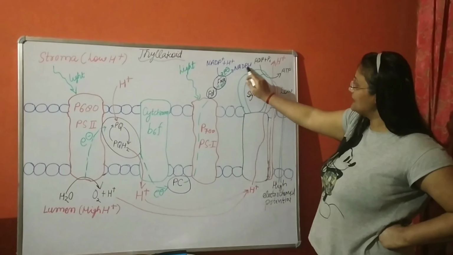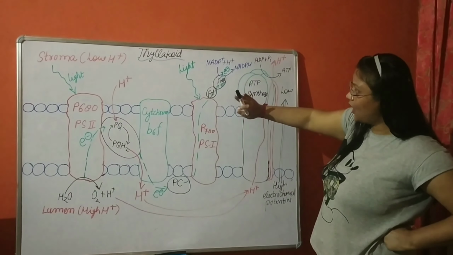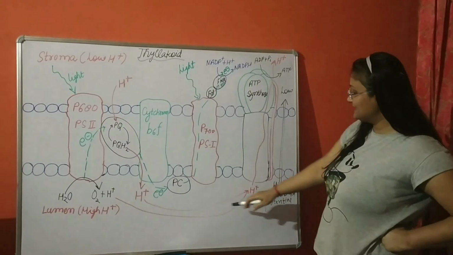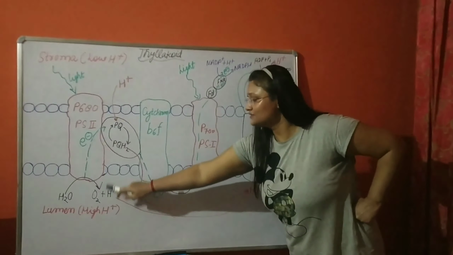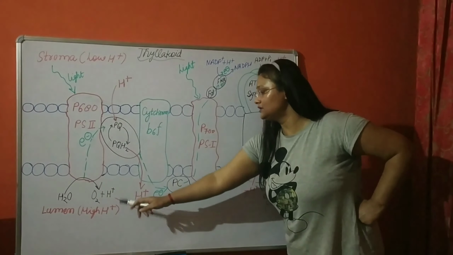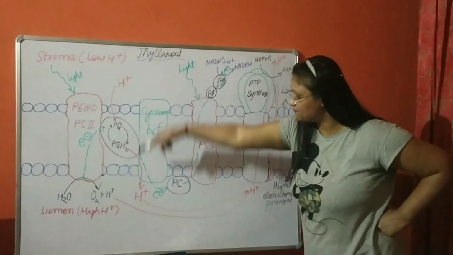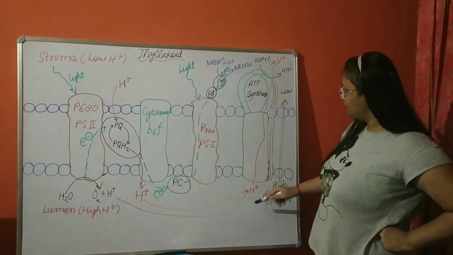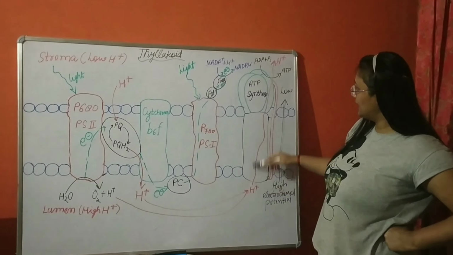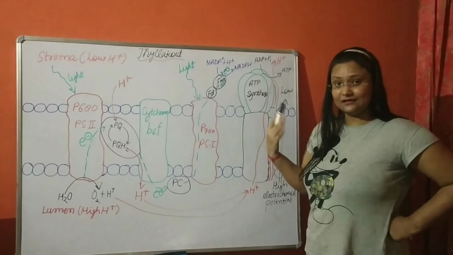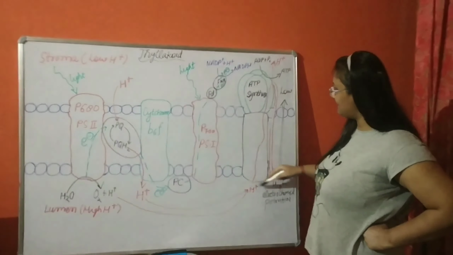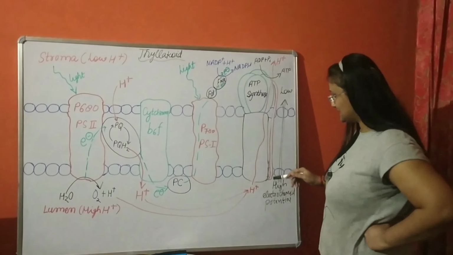So NADPH has been synthesized. Now these H plus which were already present in the lumen and then H plus which were pumped, they all will move through ATP synthase, as the ATP synthase is the same as that of mitochondrial ATP synthase.